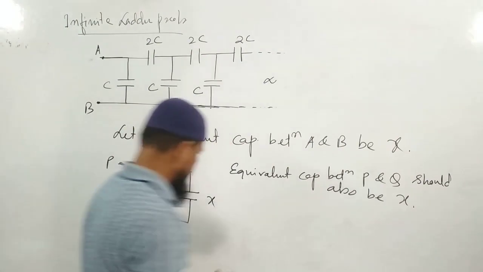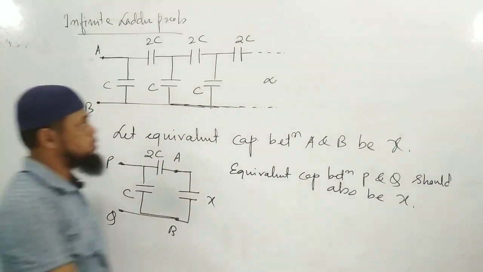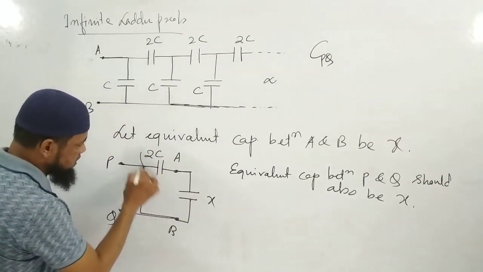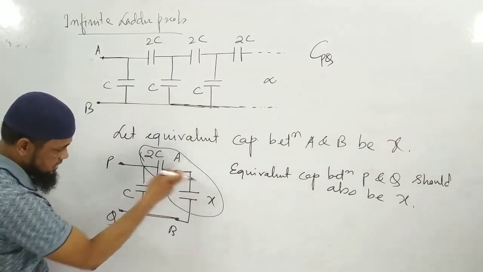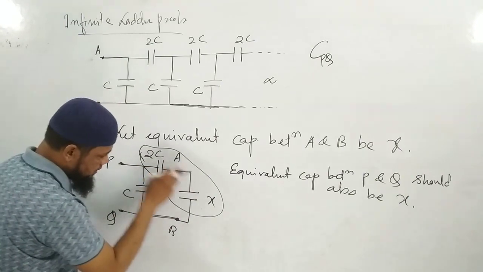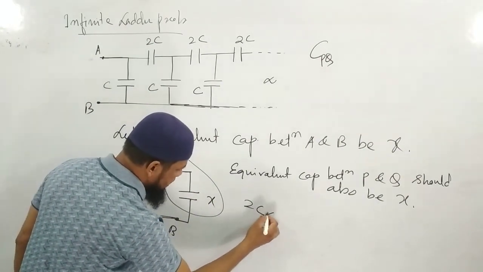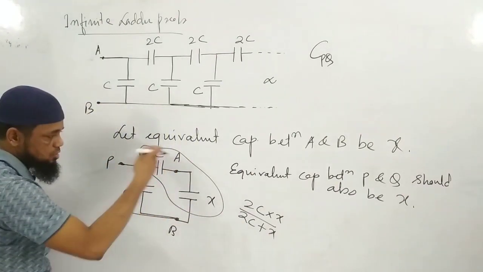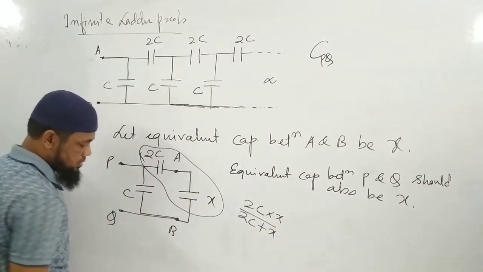So what is the equivalent capacitance between P and Q? First of all, see, these two are in series, then in parallel with that. So these two equivalent, how much will it become? 2C into X divided by 2C plus X. That is the equivalent of these two because they are in series.